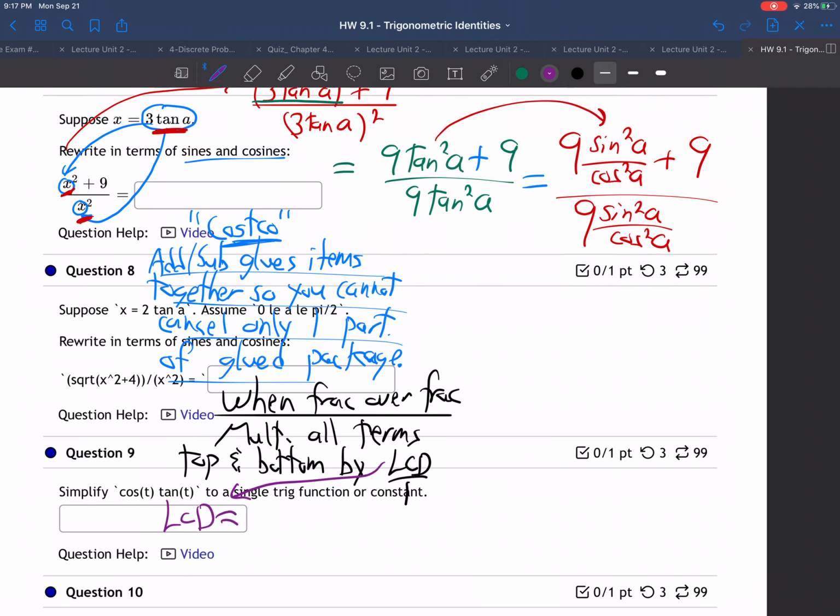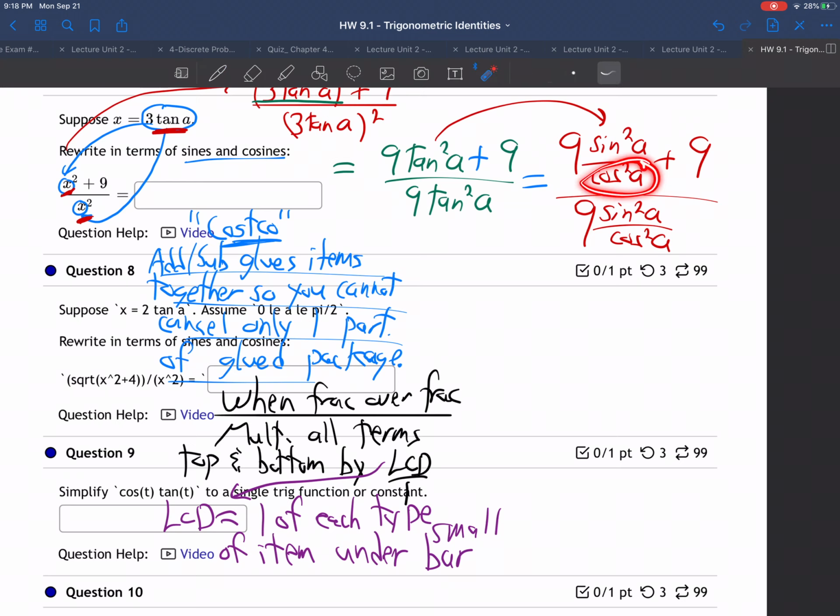The LCD is one of each item, one of each type of item under the small bar. So what do we have under the small bar?